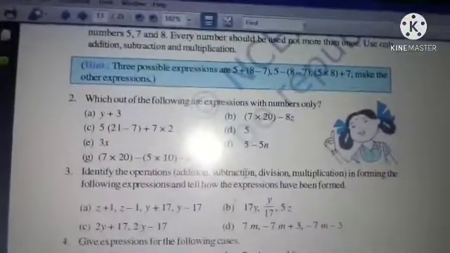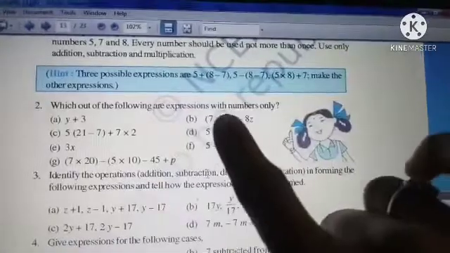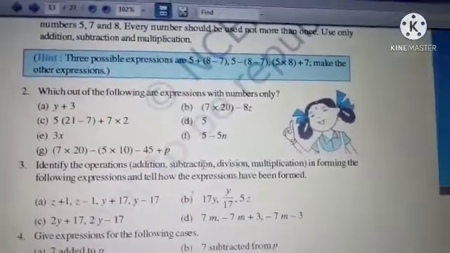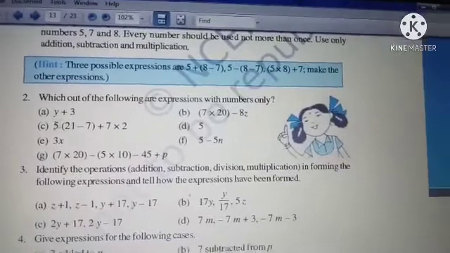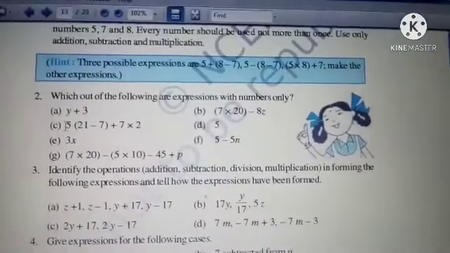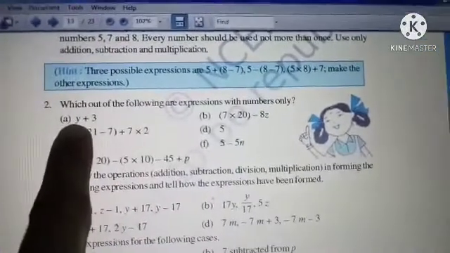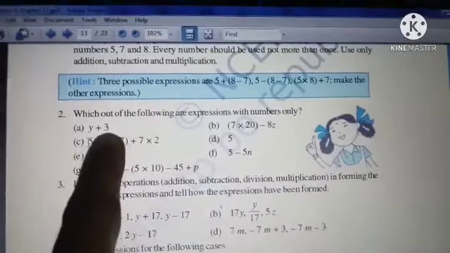Next is your second problem. Which of the following are expressions with numbers only? So we are going to find the expression with numbers only. Okay, A has a variable and number, so not possible.